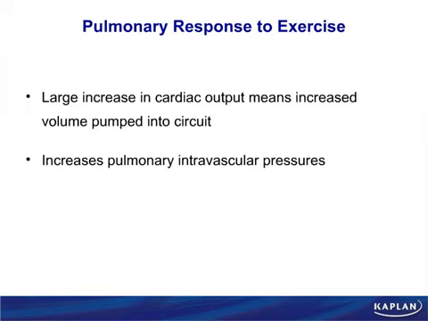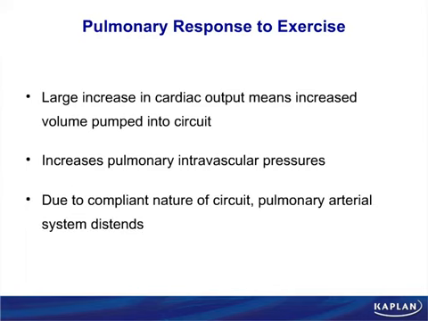Cardiac output can go up 3, 4, 5-fold. Some of these elite endurance athletes have shown cardiac output increasing 8-fold. It's a huge increase in output. But because we have a very compliant circulation, that vasculature will distend in response to this big increase in flow. And if it's distending, then radius is getting bigger, so resistance is falling.